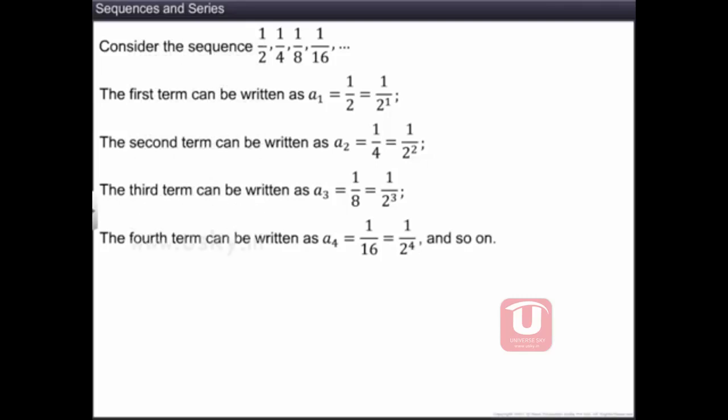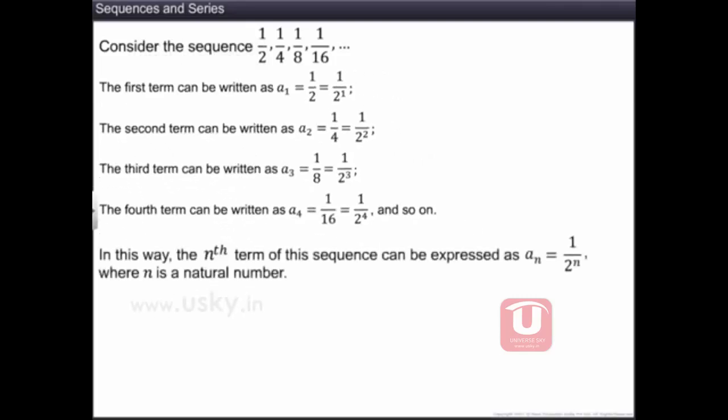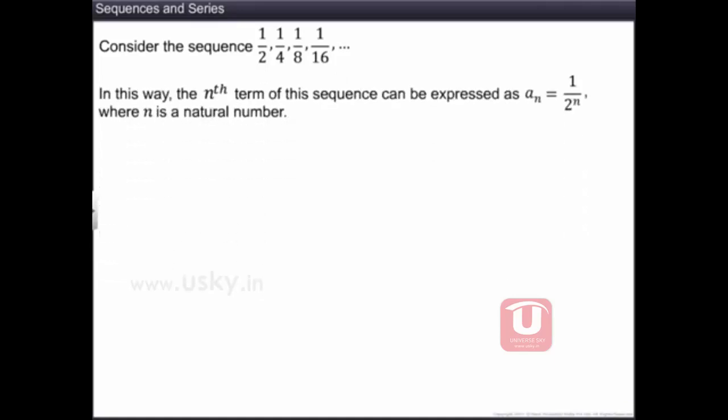In this way, we can say that the nth term of this sequence can be expressed as 1/2 raised to the power of n, where n is a natural number. Using this nth term of the sequence, we will be able to find any term in it by substituting the term value in place of n.